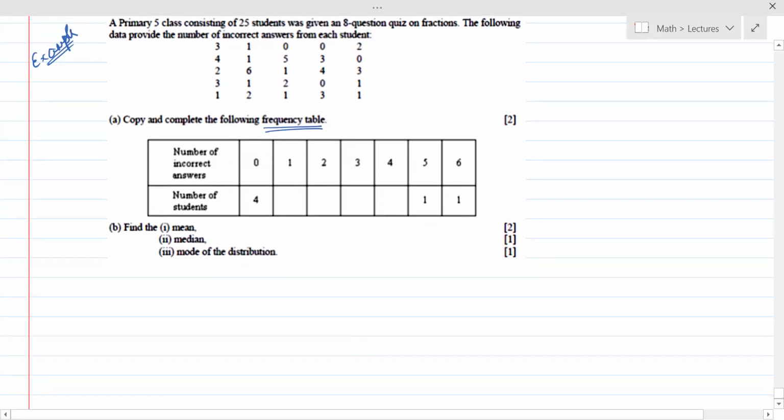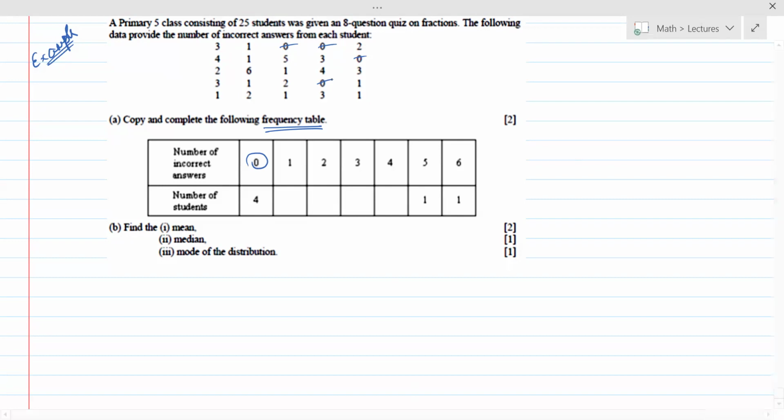So what we do is, for the number of incorrect answers, we'll keep on filling up the frequencies. For example, for 0 incorrect answers, the number of students was 4. How? You can see 1, 2, 3, 4. So there were 4 students who made 0 mistakes.